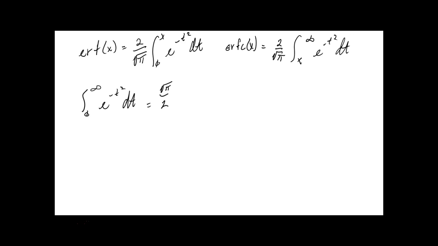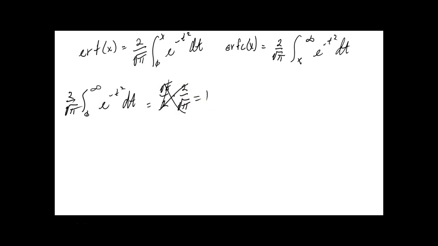Yeah, right. And we can then write that if you multiply both sides of the equation by 2 over root pi, this is equal to 1. So that's how they get the second part.